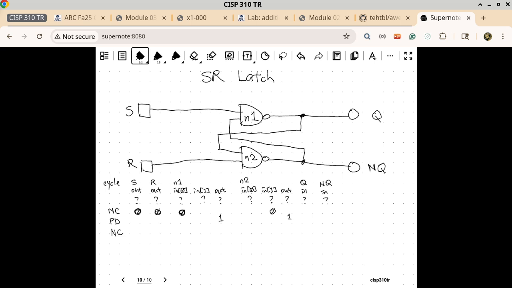So now the NC row has got something to do, because now it has to go like, okay, where is the output port of N1 connected to? So you look at the wiring, okay, it goes here, but it also goes here.